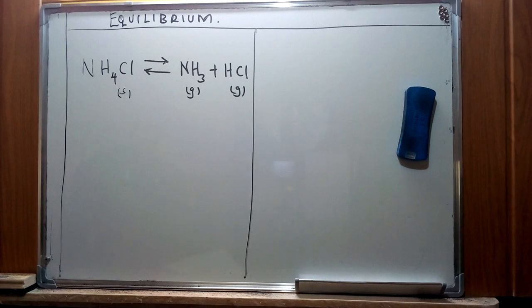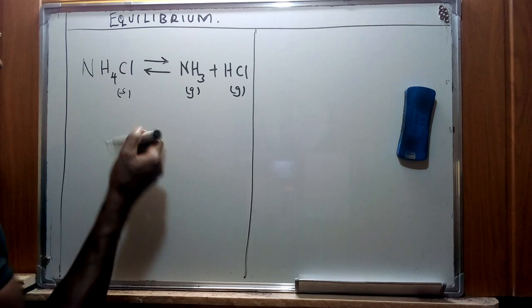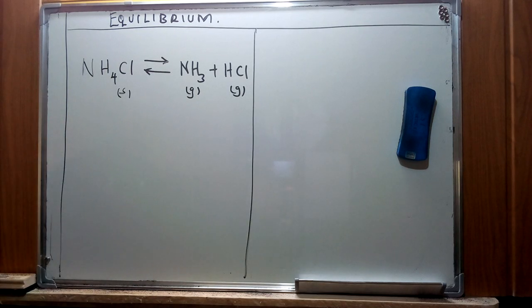So our discussion today is the concept of equilibrium. When we were talking about reversible reactions, we said that a reversible reaction is a reaction which can change the direction in which it is proceeding.